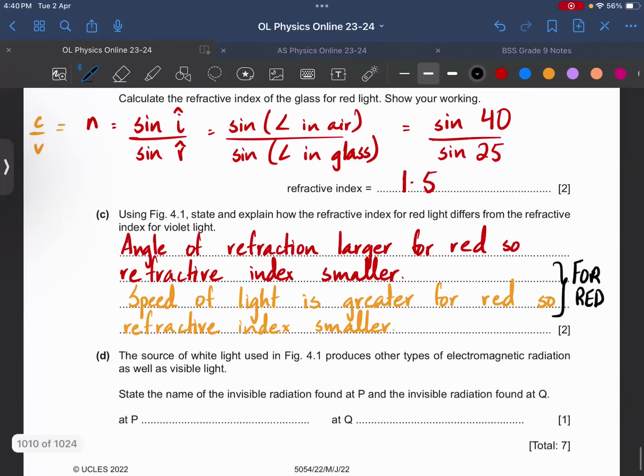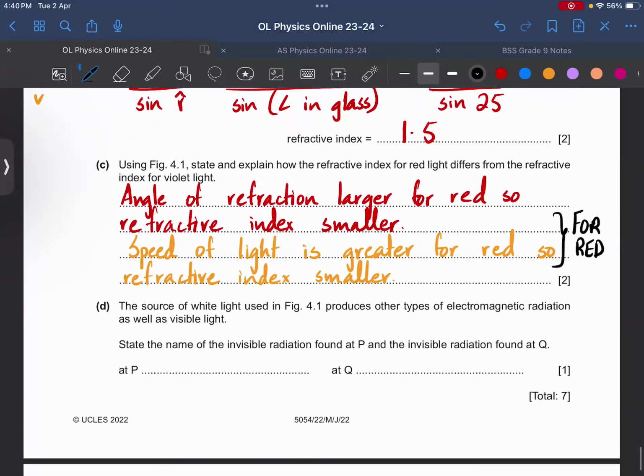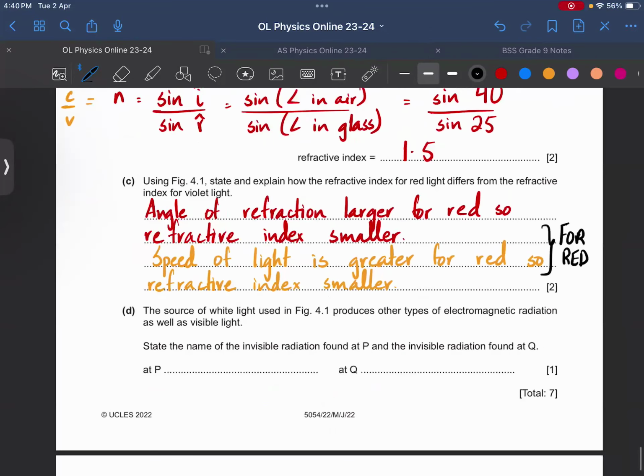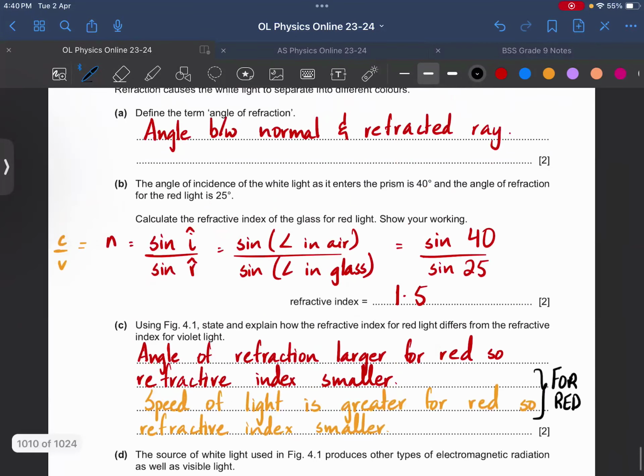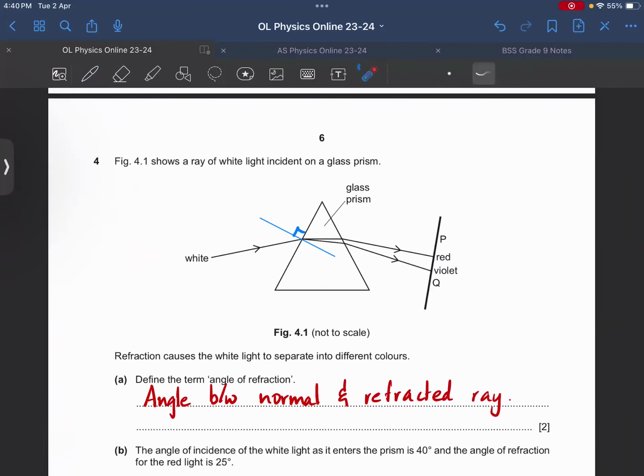Okay. Sources of white light used in 4.1 produces other types of EM radiation as well as visible light. State the name of invisible radiation found at P and invisible radiation found at Q. ठीक है, यहां पे कौन सा होगा? यहां पे कौन सा होगा?